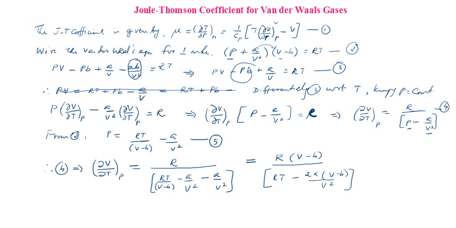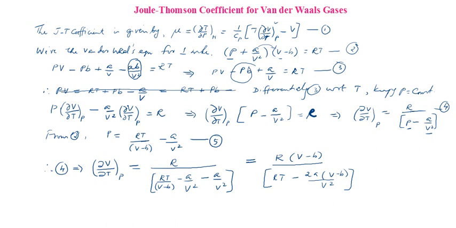So now, let me do one more thing. There is a V minus B term here, and in the denominator you have got a V square term.